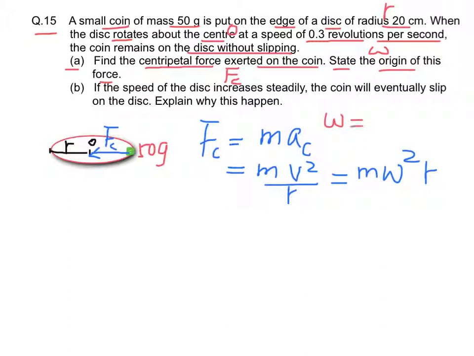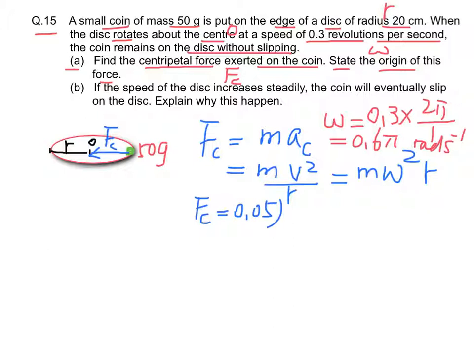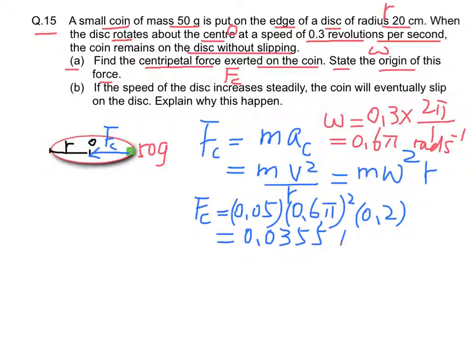Since omega is equal to 0.3 times 2 pi over 1, which is equal to 0.6 pi radian per second, we have the centrifugal force on the cone equal to 0.05 times the square of 0.6 pi times the radius, which is 0.2 meter, and the centrifugal force will be equal to 0.0355 Newton.